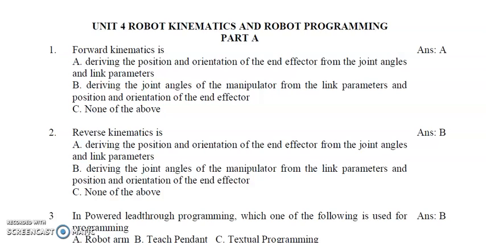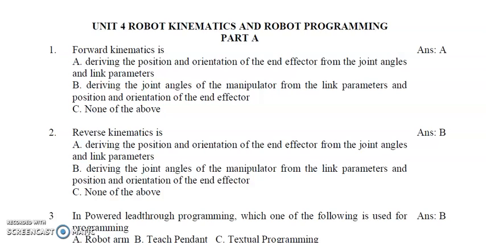B. Deriving the joint angles of the manipulator from the link parameters and position and orientation of the end effector. C. None of the above. So forward kinematics is deriving the position and orientation of the end effector from the joint angles and link parameters. So the answer is A.